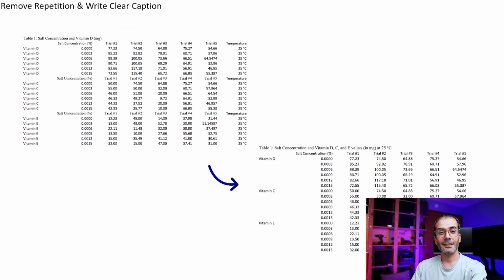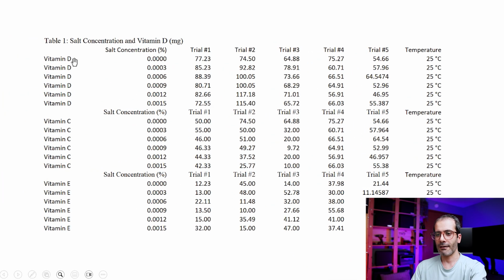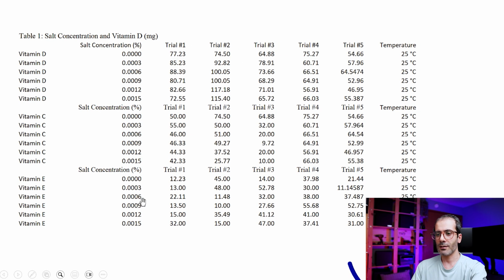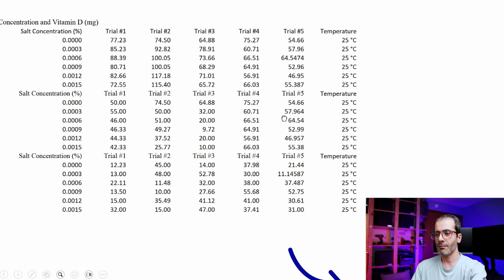Next, remove any repetition and make a clear caption. So here I have repeated vitamin D 6 times, or vitamin D, C or E the same, or the salt concentration has repeated 3 times, and the experiment numbers and the temperature have been the same for all of them, so 25 for all of them. Why do I have to do that?